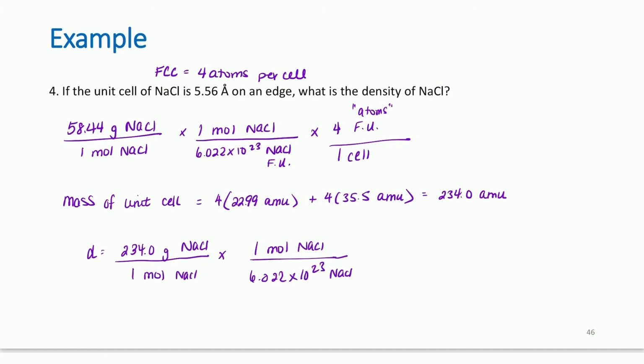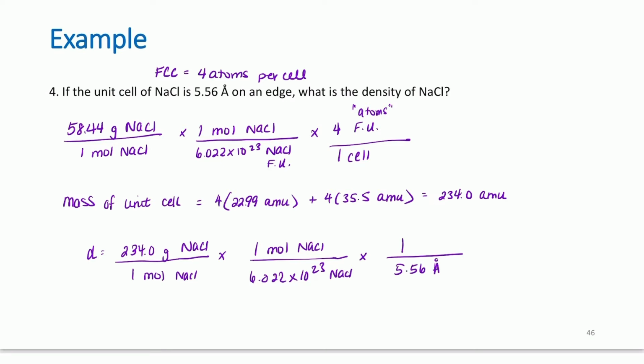And I know that the volume is 5.56 angstroms cubed. And I know that 1 angstrom, I will explain these things in just a sec, I know 1 angstrom is 10 to the minus 8th centimeters, which gave me my answer of 2.26 grams per centimeter cubed. I wrote it all out in one fell swoop.